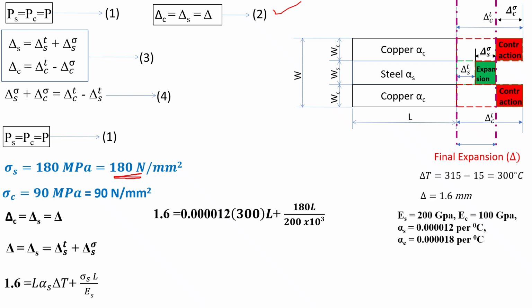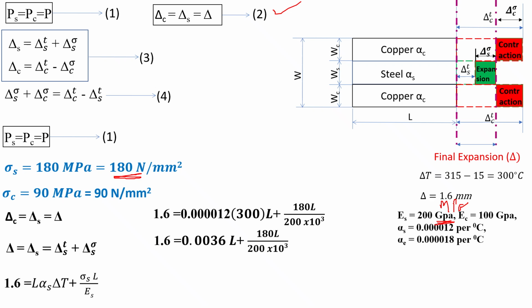Here Es is given in gigapascal, but we need Newton per mm square, so I have to write it in MPa. In this regard, the Es value is 200 into 10 cube MPa or Newton per mm square.